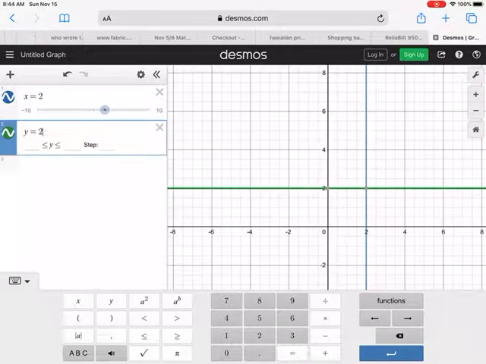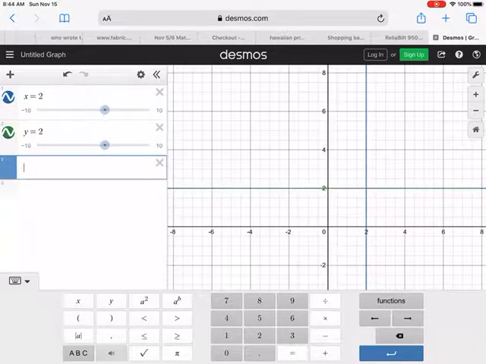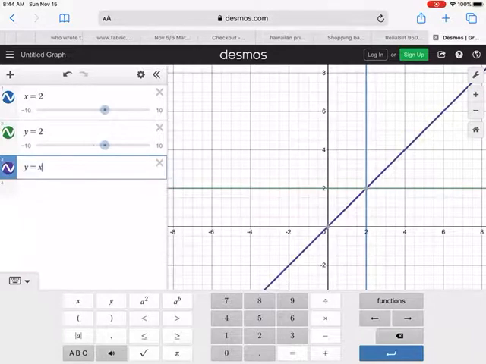So I could do a bunch more of these, but it's probably not that useful. I'll do one more that you'll see: y equals x. That's kind of the base, what we call a parent function of a line. That's a line going through the origin with a slope of 1. That creates a 45-degree angle, which is going to be useful in all sorts of ways.